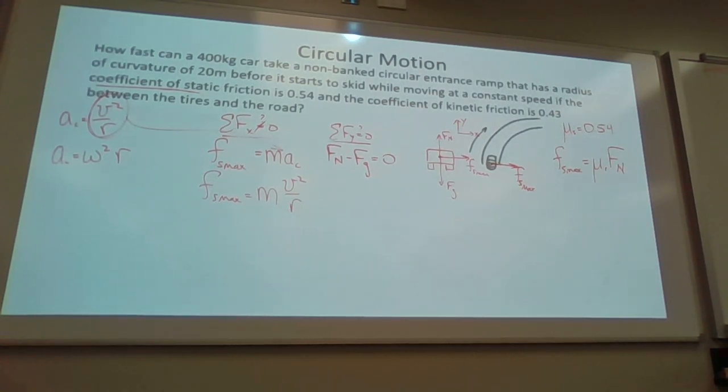So you need maximum static friction. We got an equation here for maximum static friction. So in order to find this, I need a number for this and I need a number for that. I got a number for this, 0.54, but normal force, I don't have a number for that. Okay. Where could I find that?